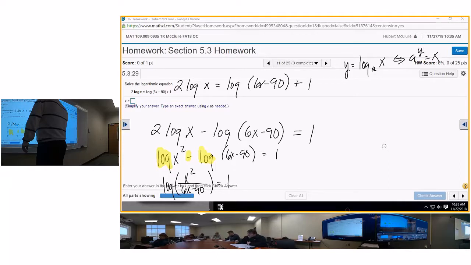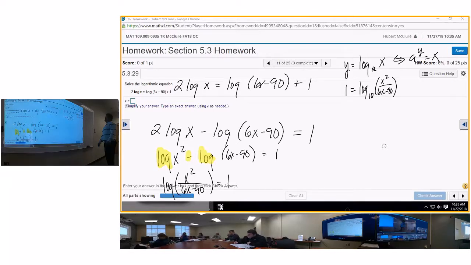So we've got 1 is equal to log base 10 of all that mumbo jumbo, 6x minus 90. Okay? So 10 to the what? 10 to the first power is equal to x squared over 6x minus 90.